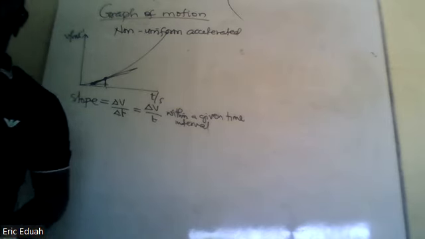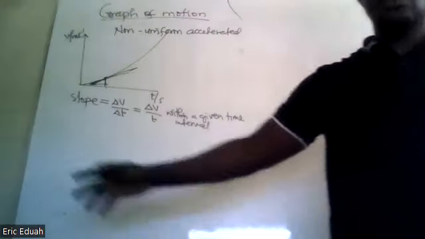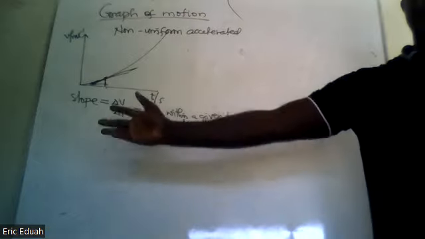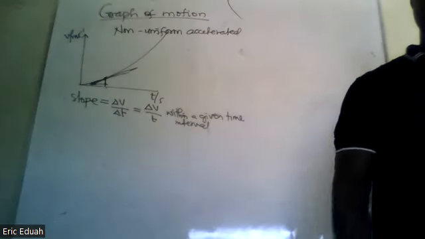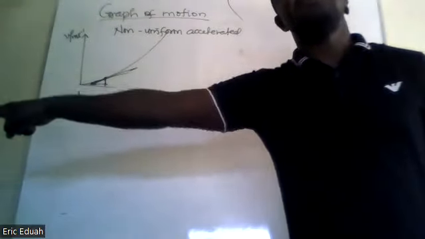Don't forget here too, when the body's velocity doesn't change, the body does not accelerate. That is why when I'm running at constant speed, even though time continues to drain, I'm not accelerating, because I'm maintaining the same speed.